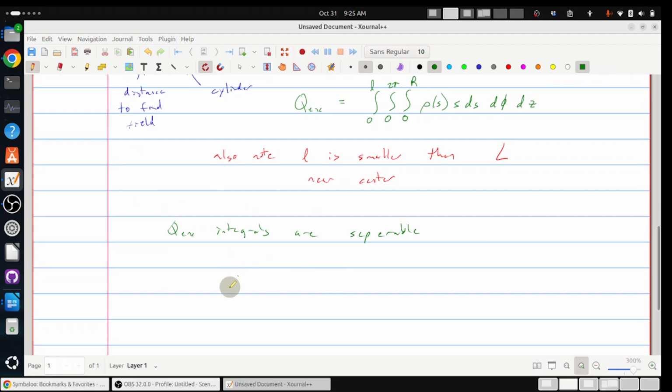And so we can write those out: I've got 0 to L dz, I've got 0 to 2 pi of d phi, and then the interesting one, 0 out to R of rho of s ds.